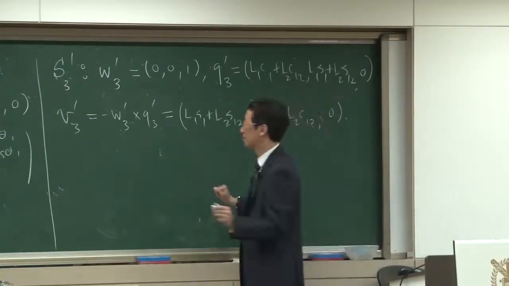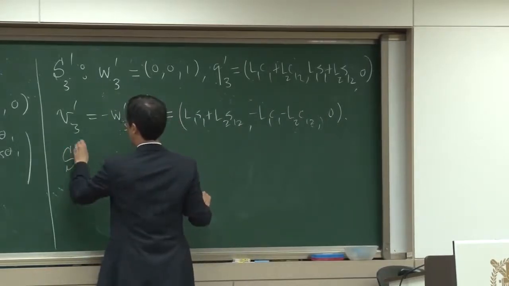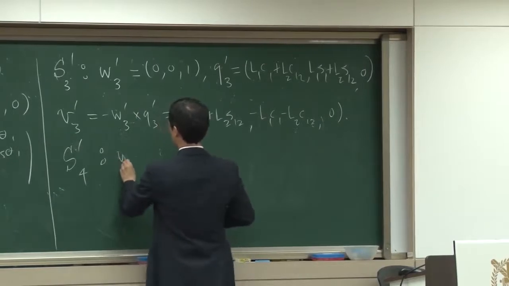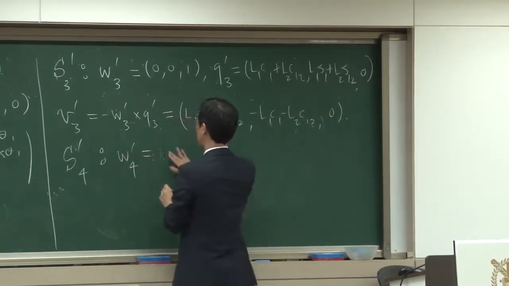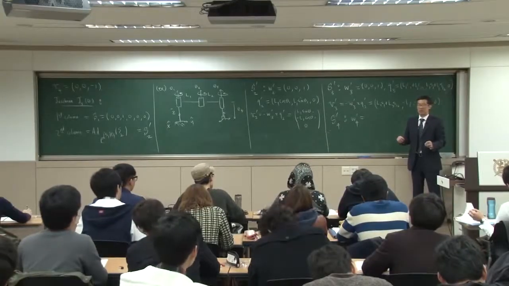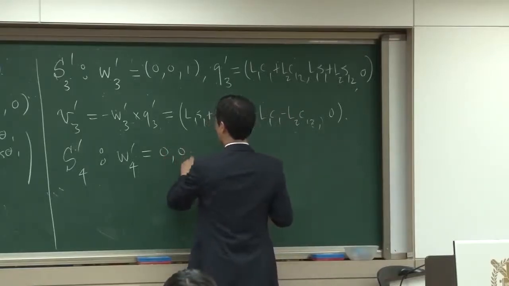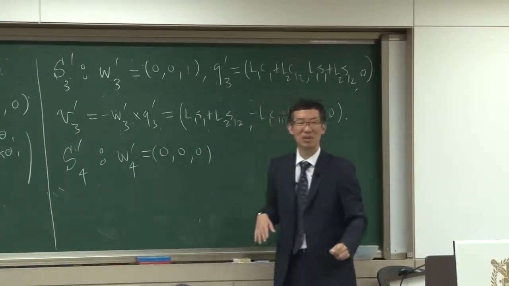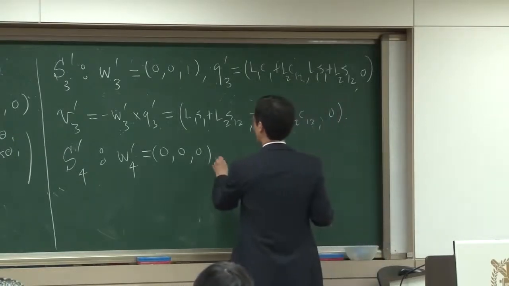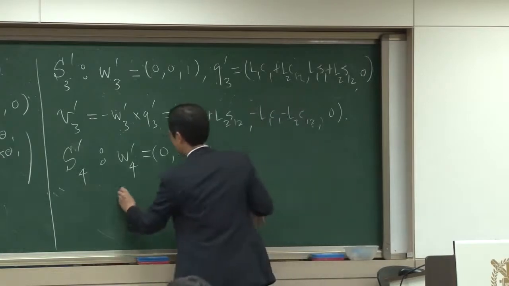Okay, fourth column. Oops, S4 prime. Okay, what's omega 4 prime? It's what you think it is. Not tricky. 0. Okay, because it's still a P joint. Once a P joint, always a P joint. V4 prime.